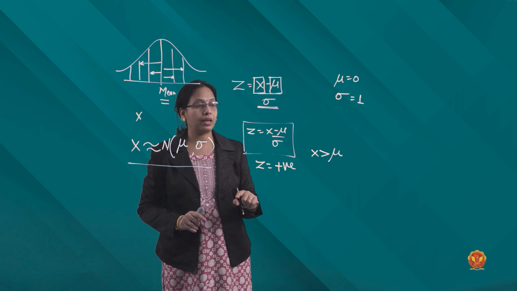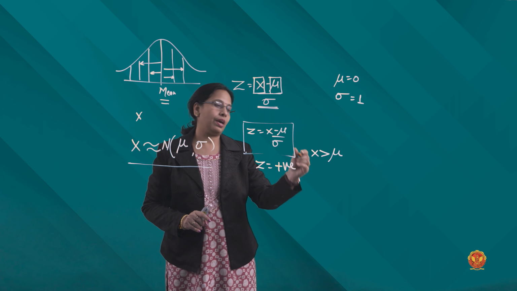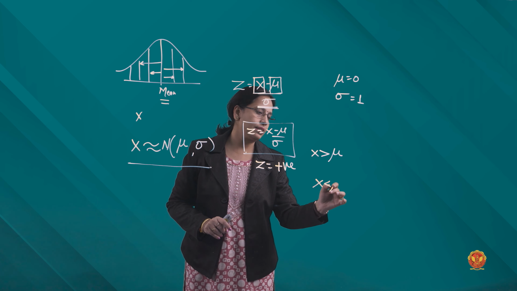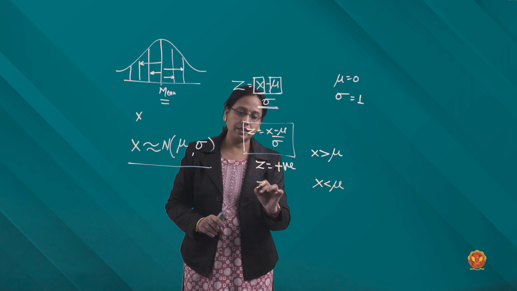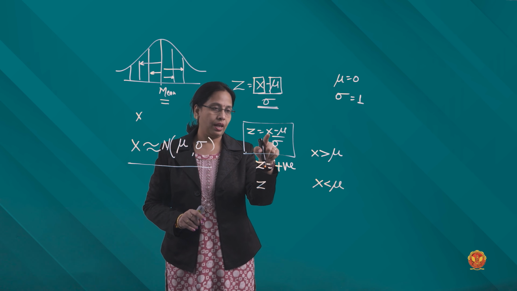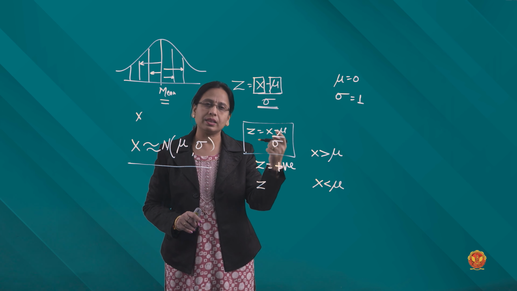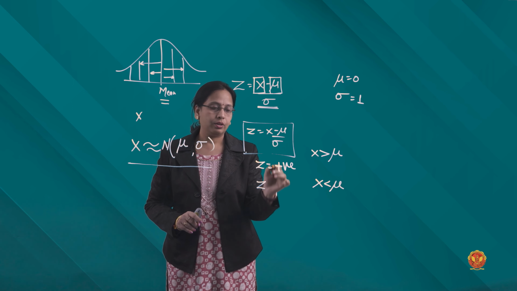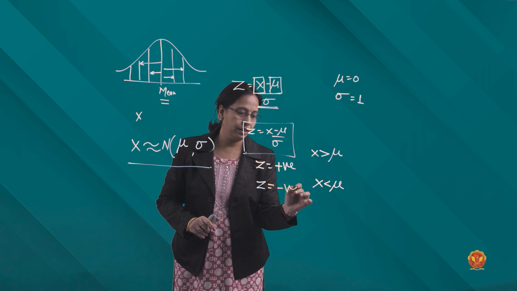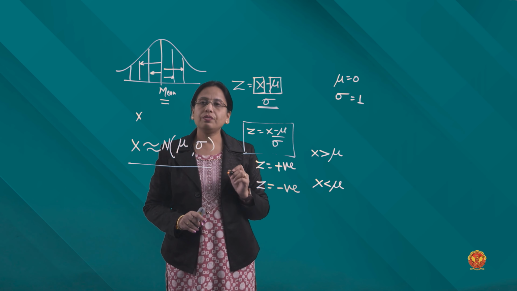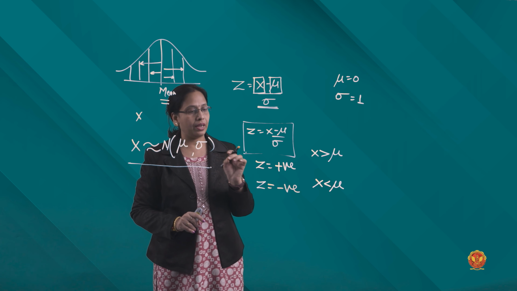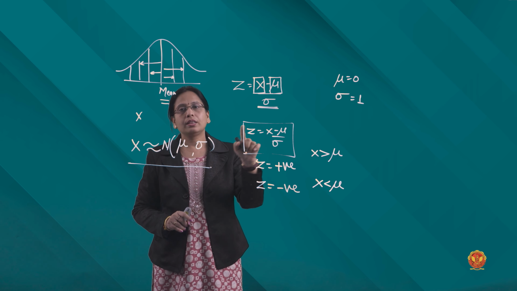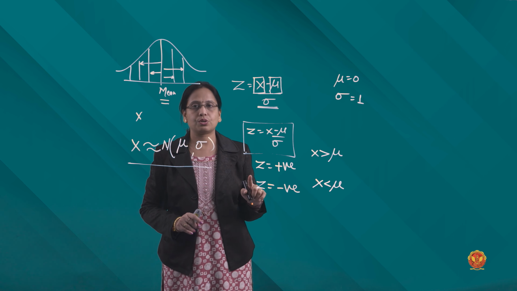And what about the reverse case? When x is less than mu, you can look at the equation. x is smaller than mu, obviously however small, even if it is smaller by 0.001, the value of z is negative. So if x is smaller than mu, you will get a negative z-score.